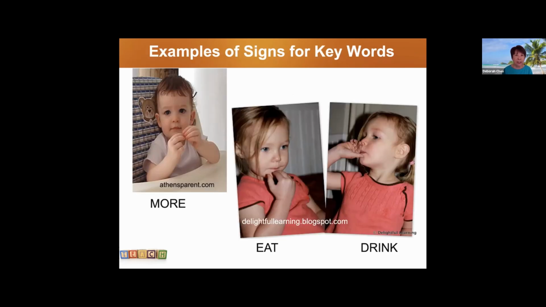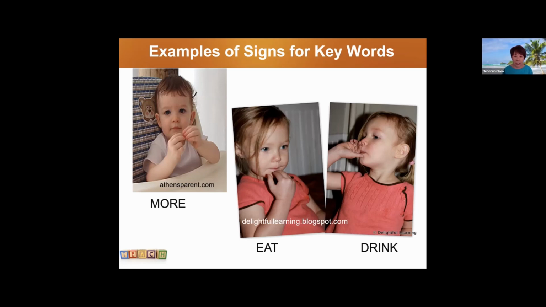So here are some examples of signs for keywords. More is motivating if the child wants more to eat or more music. It's important to use 2 words once the child has learned 1. More is also easy to use because it's a symmetrical movement and one hand touches the other hand.